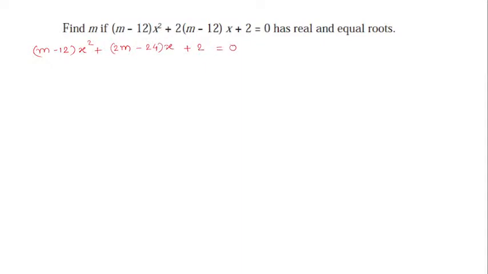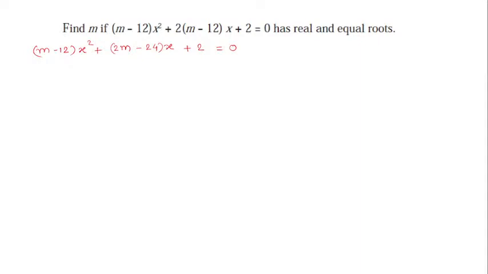Now we have to remember one thing, that here m is not a variable. Variable is x, and m is taken as the coefficient. M minus 12 is one of the coefficients. So we have to find the value of m. Variable is x.